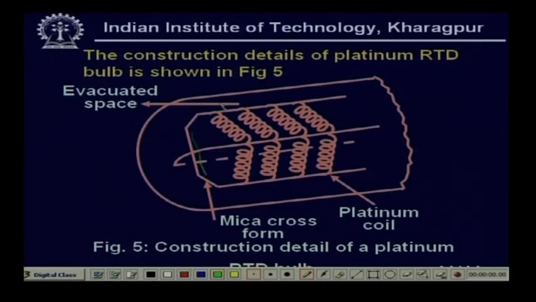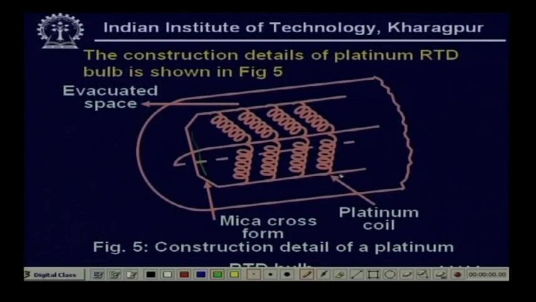You have an evacuated space around the mica cross. This is another problem with the mica cross: it also limits the high temperature range, and it is hardly used above 650 degrees centigrade. And this is our platinum coil.